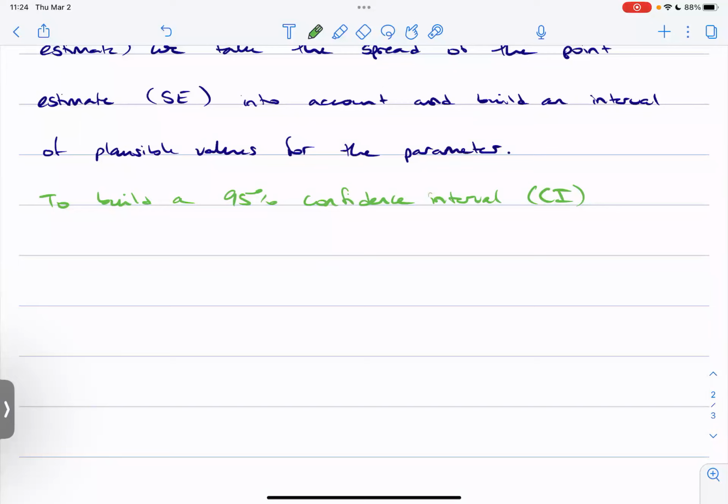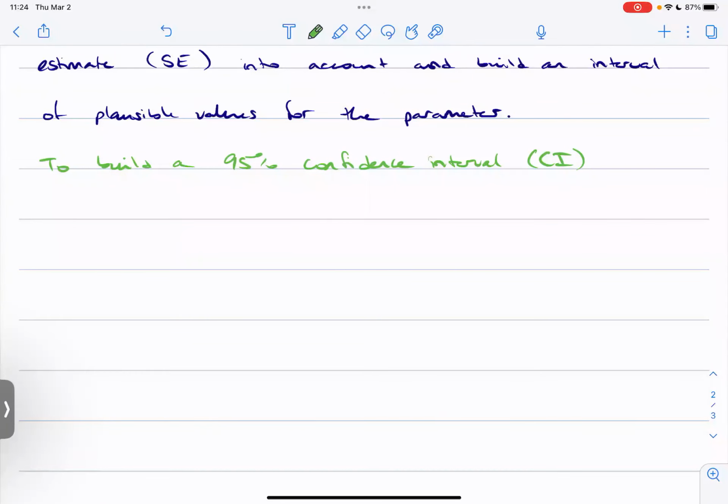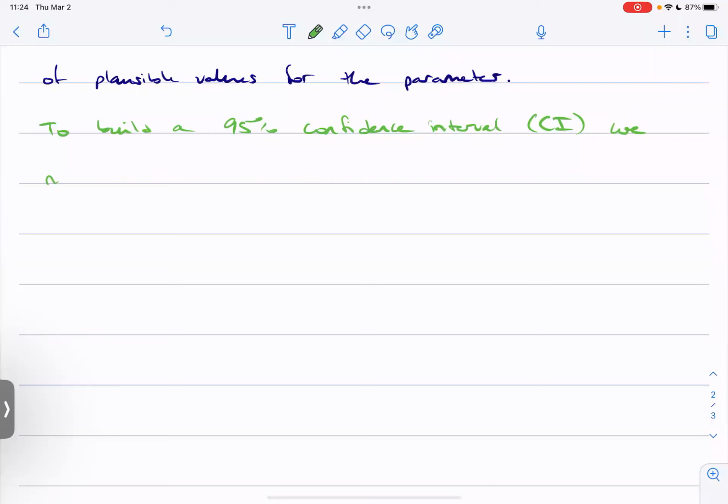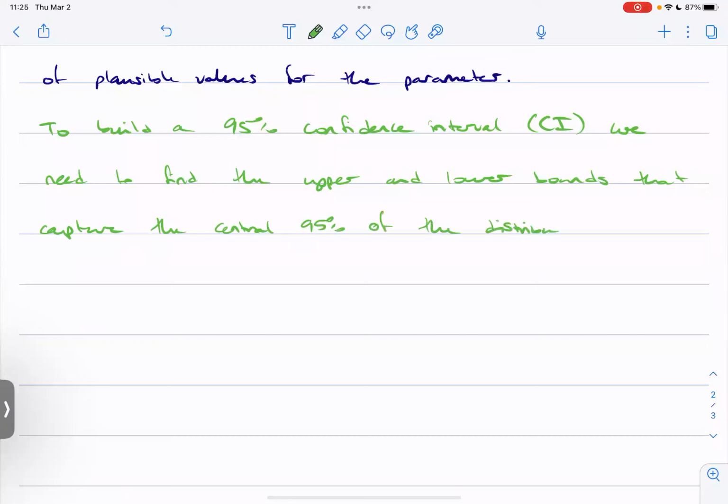That still applies, and we're going to have a slightly more precise value, but in general that's how it works. So we need to find the upper and lower bounds that capture the central 95% of the distribution around p hat.